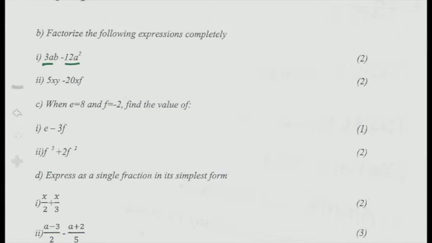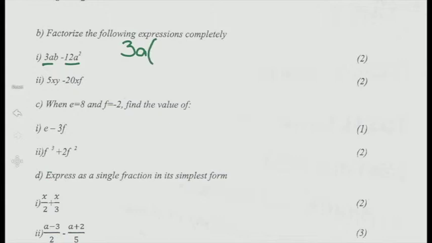The common factor of 3 and 12 is 3. Of a and a squared, we have a. B, we have no b here. So the common factor is 3a.